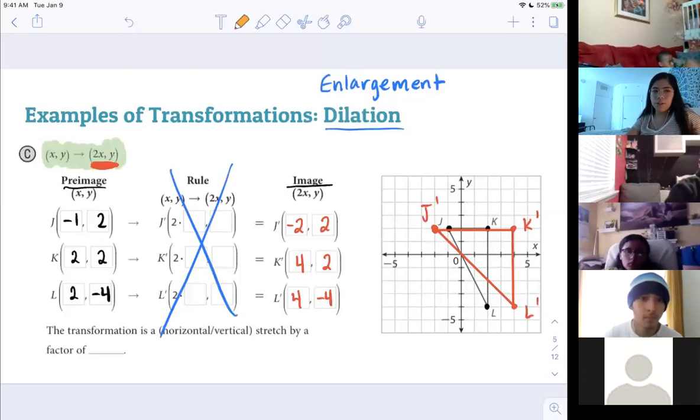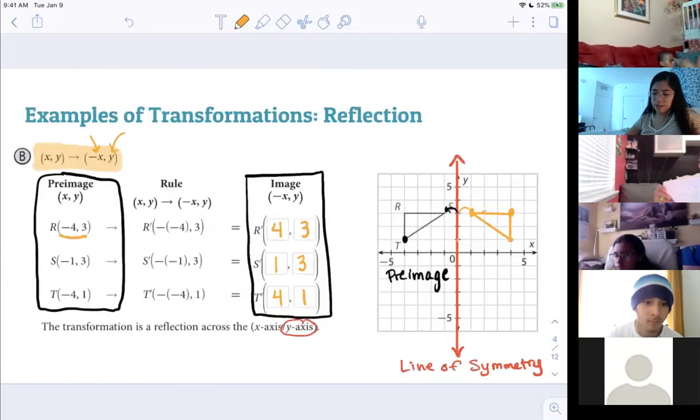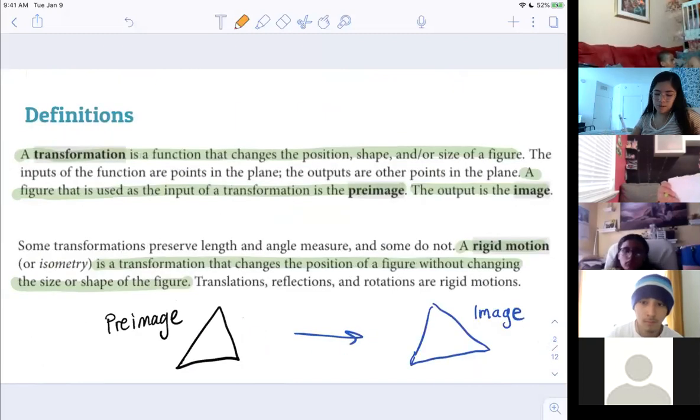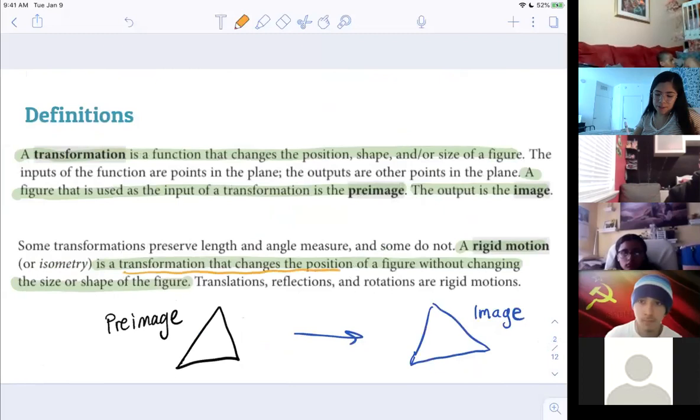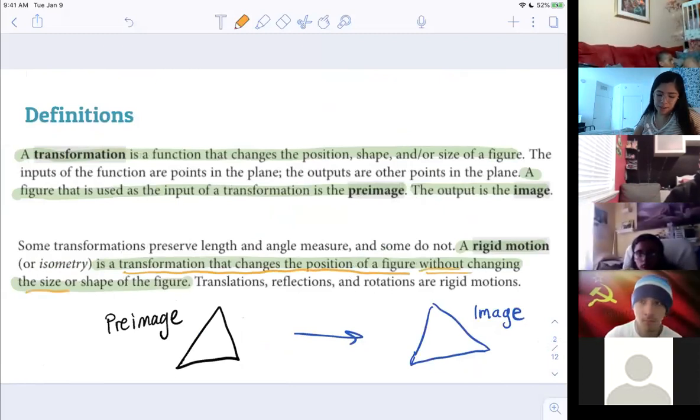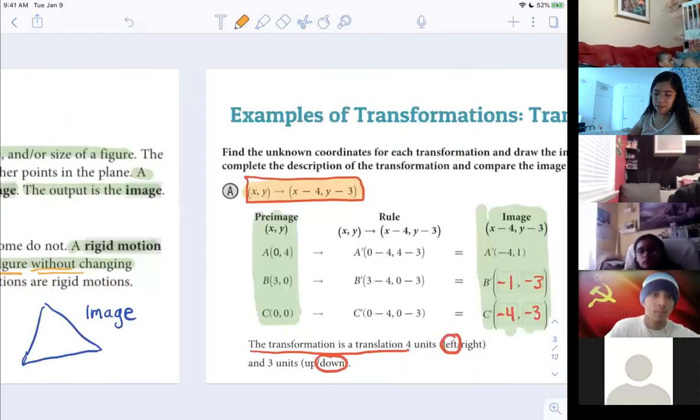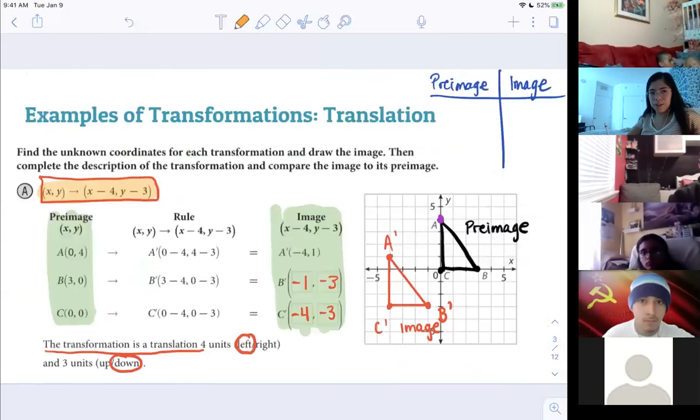Remember what I said about rigid motion? You guys all wrote it down. Yes, it's a transformation. Okay, but go back to the definition of rigid motion. Rigid motion is a transformation that changes the position of a figure without changing the size or shape. So let's go back. Is this rigid motion?